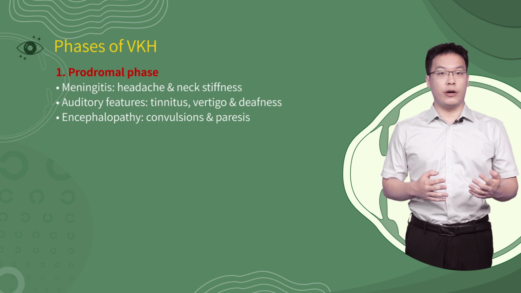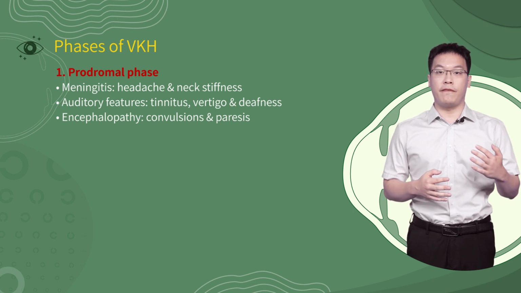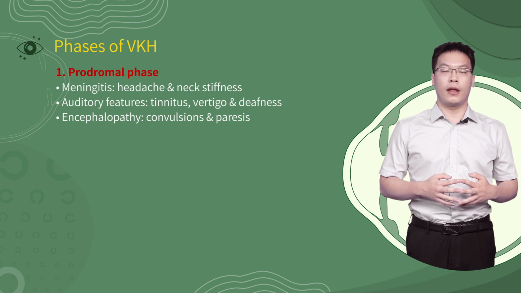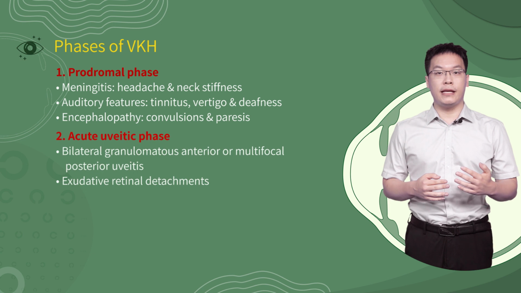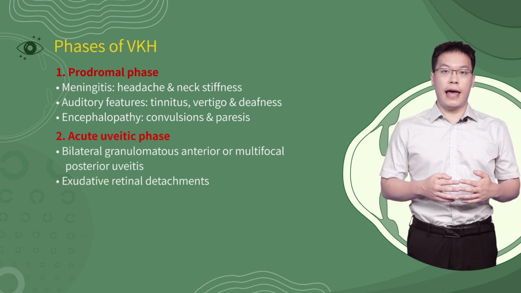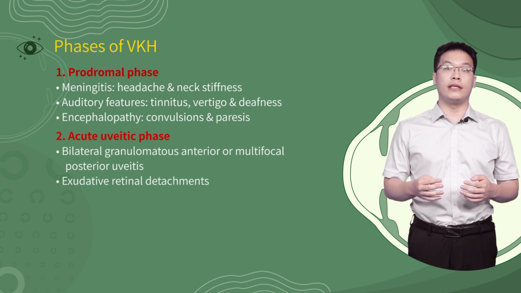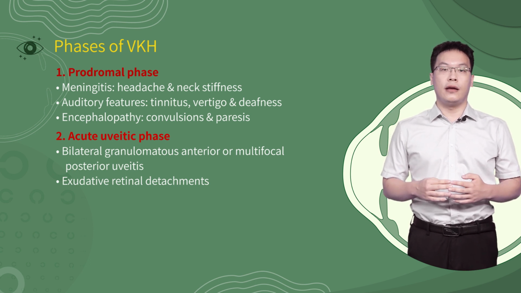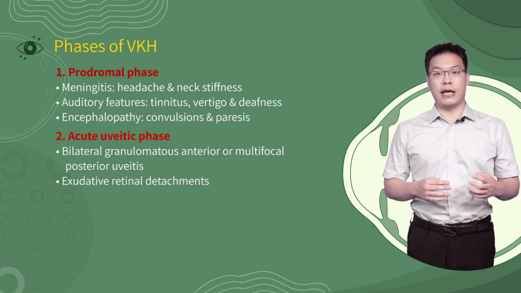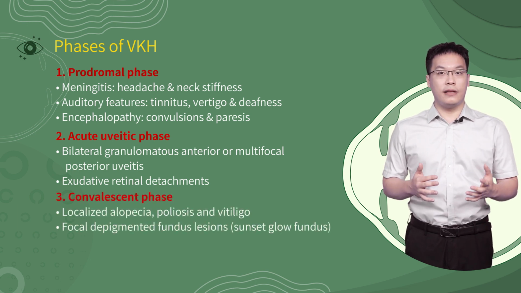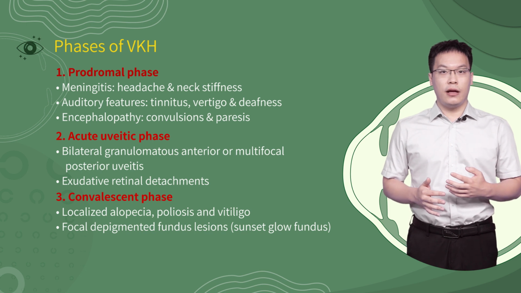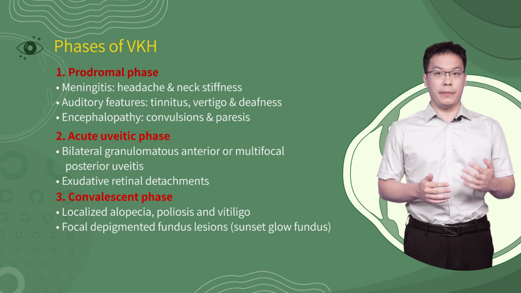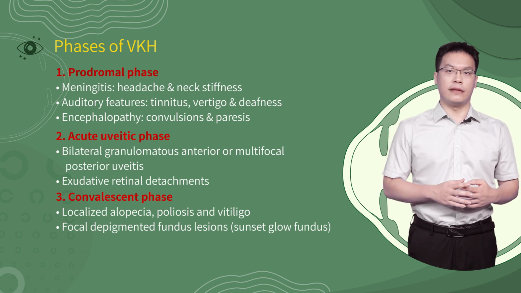Encephalopathy is less frequent and may present as convulsions, paresis, and cranial nerve palsies. The acute uveitic phase follows soon thereafter and is typified by bilateral granulomatous anterior or multifocal posterior uveitis and exudative retinal detachment. We then have a convalescent phase several weeks later, where we can find patchy hair loss, graying, depigmented skin, and the sunset glow fundus.